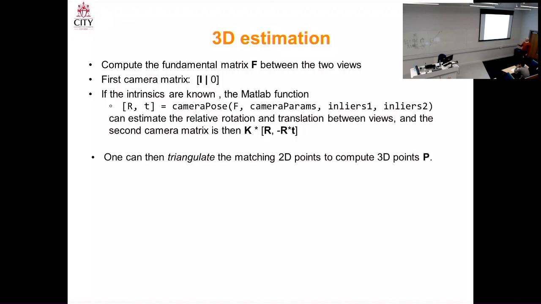Then you can set your first camera matrix to the identity matrix, and use this camera pose function to compute the relative rotation and translation to the next camera, given the points that you've tracked. Okay? And once you've done that, then you've got a camera projection matrix for the second view.